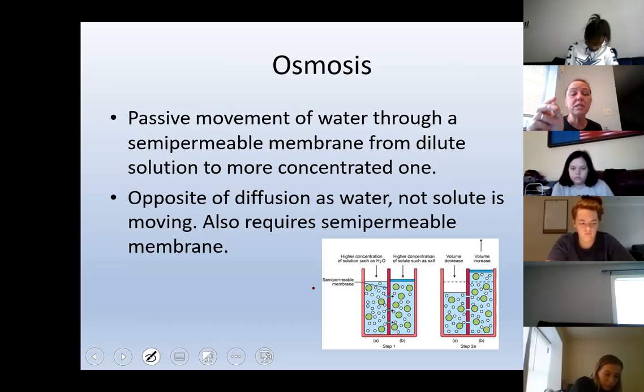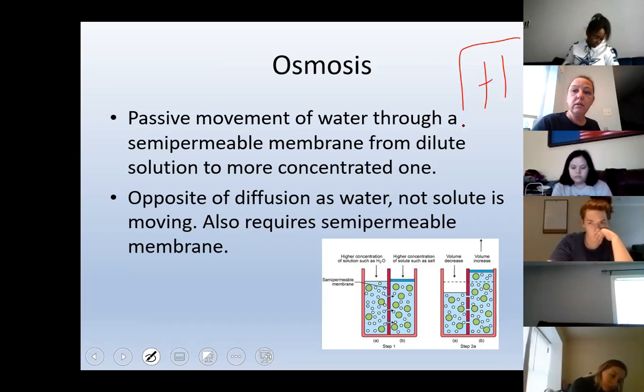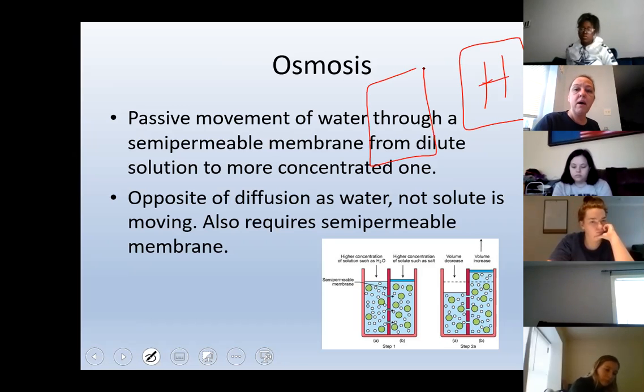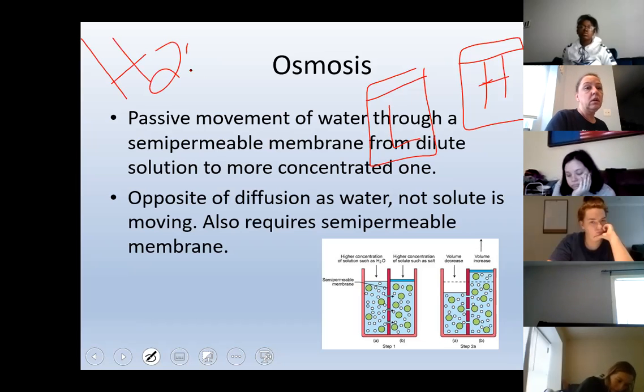All right, so osmosis is the movement of water. So what I have is, if I have a beaker with a high concentration, and I have the same amount of liquid, here's my liquid, of low concentration. Now, we're talking about water, not molecules, right?